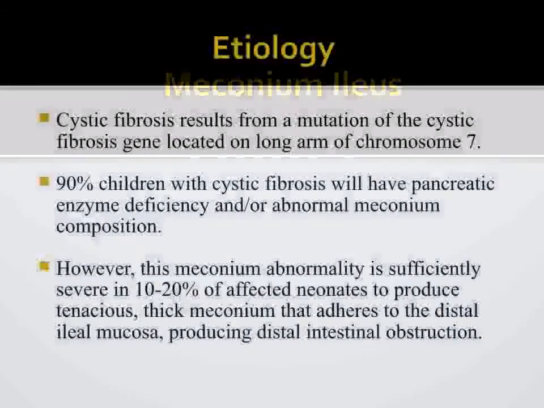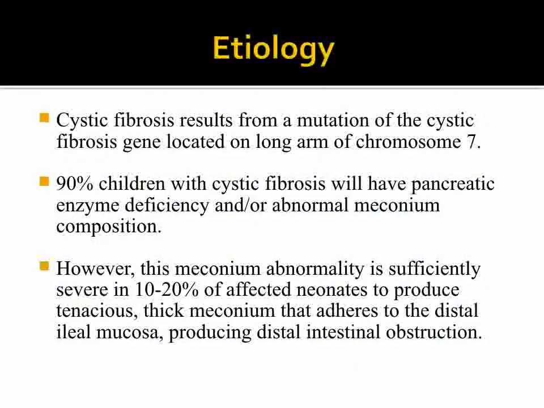The fourth condition is meconium ileus. As we said in the introduction, meconium ileus is the intestinal manifestation of a systemic disease called cystic fibrosis. Cystic fibrosis results from a mutation of the cystic fibrosis gene that is located on the long arm of chromosome number 7. 90% of children with cystic fibrosis will have pancreatic enzyme deficiency and/or abnormal meconium composition.